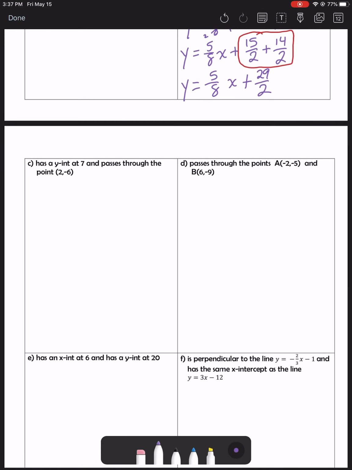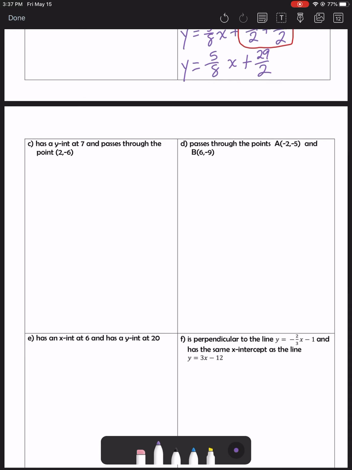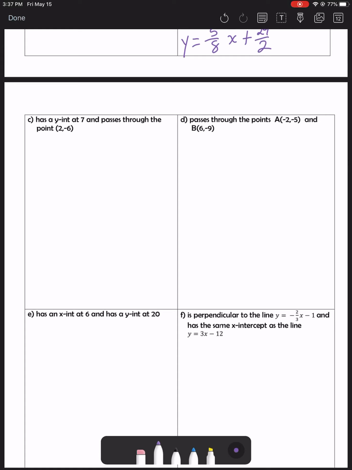All right, part C. This one has a y-intercept at 7, so that means that b equals 7. Now remember, that corresponds to the point 0, 7, and it also passes through the point 2, -6. So x1, y1 equals 2, -6.